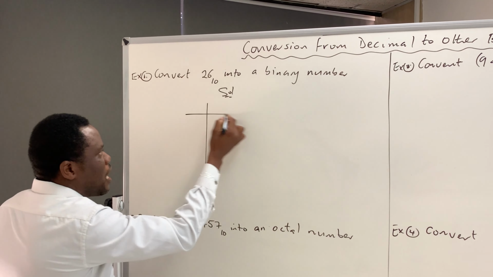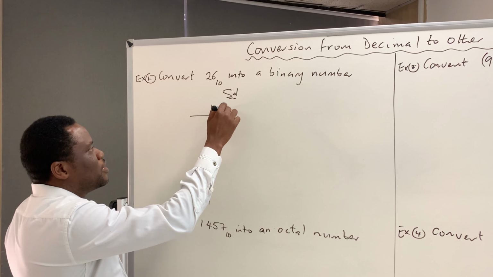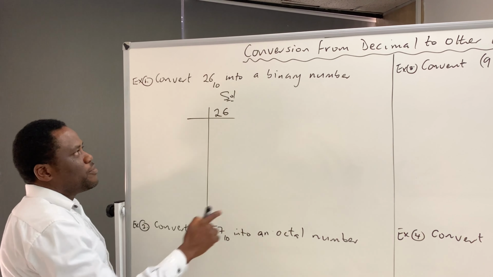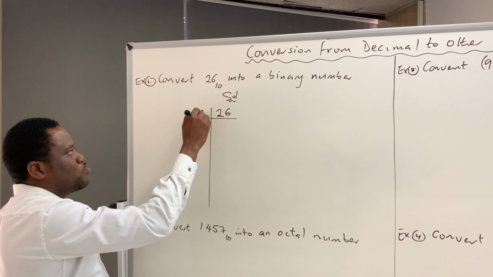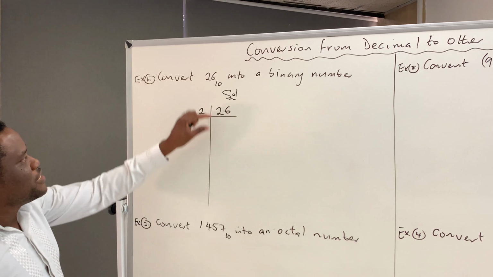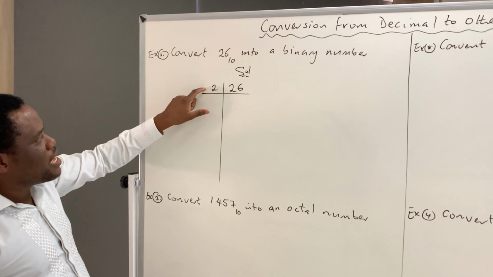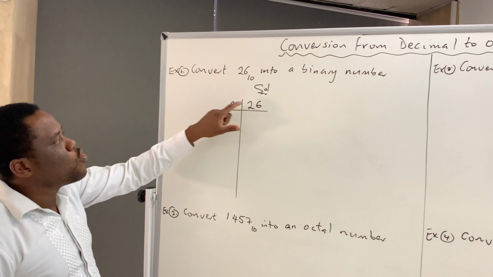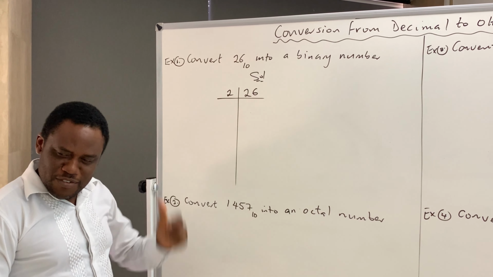We have our number. This is 26, the number given. The base is 2. So this is the number in base 10 and this is the base 2. So we want to check how many times 2 goes into these numbers. Very related to what we have done before.